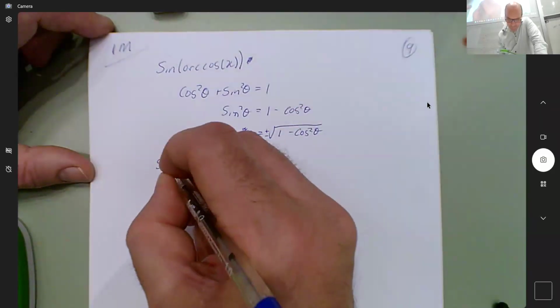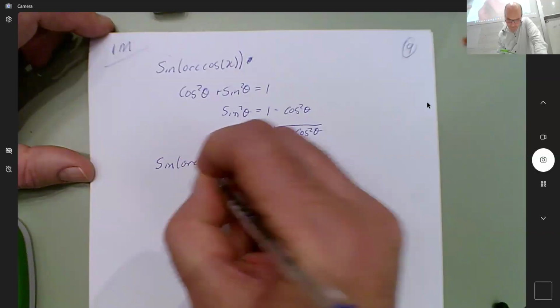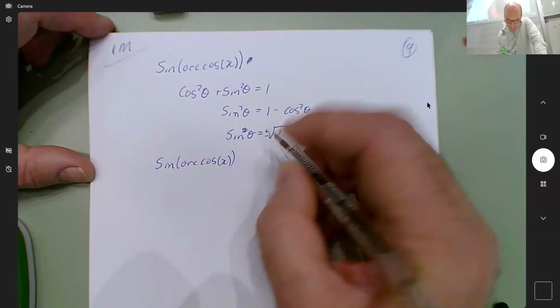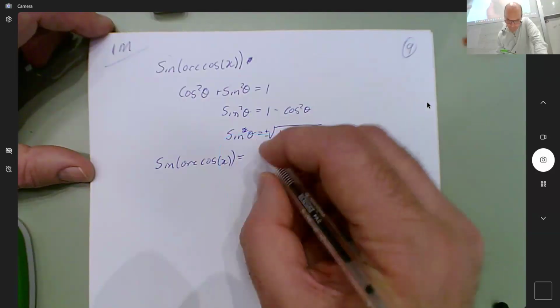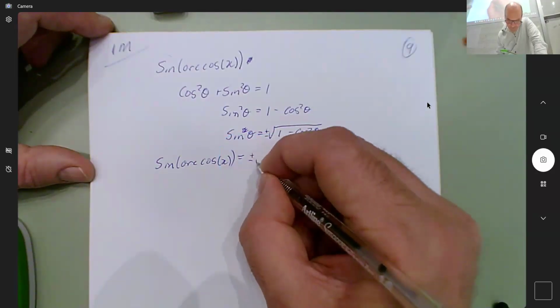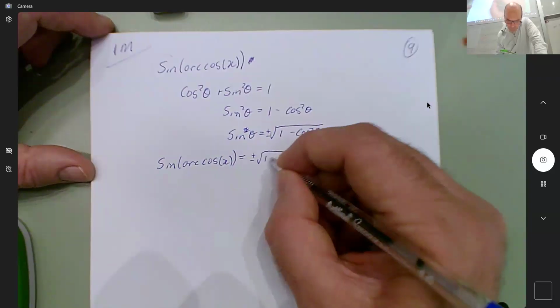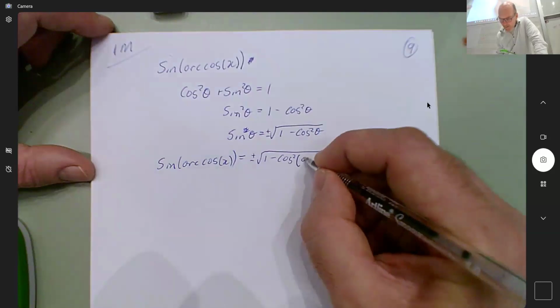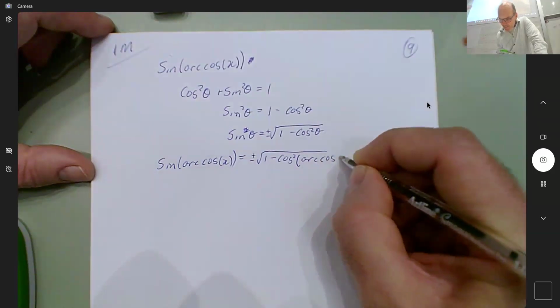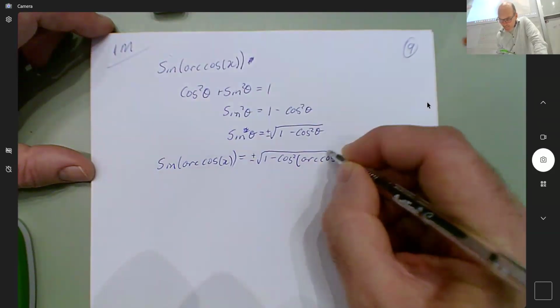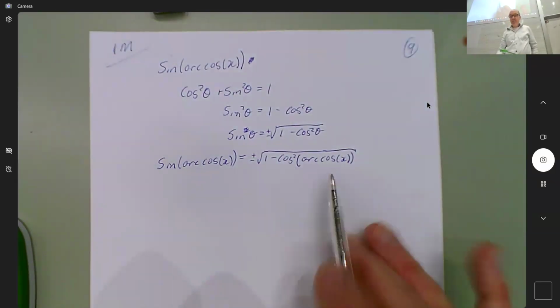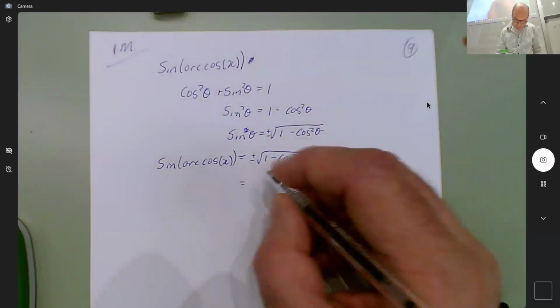So sine of arc cos of x is equal to plus or minus the square root of 1 minus cos squared of arc cos of x. I want to do it that way because cos of arc cos is just x, isn't it?